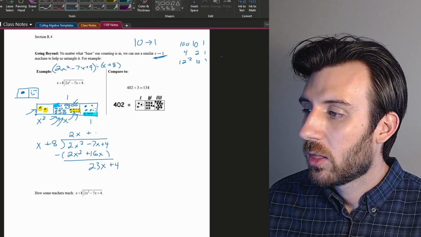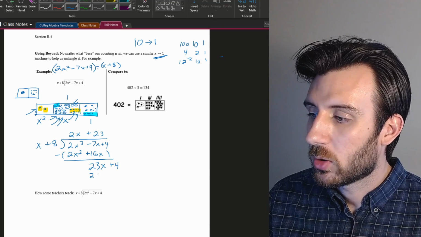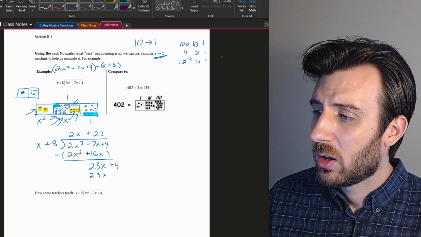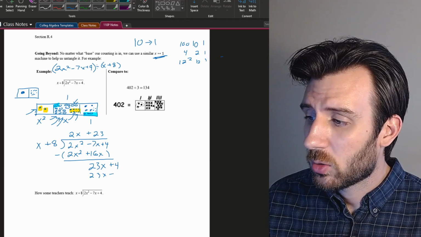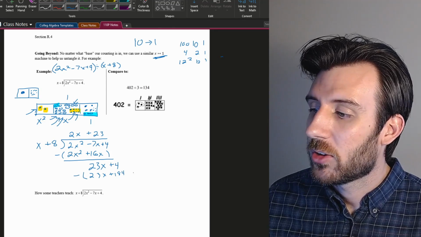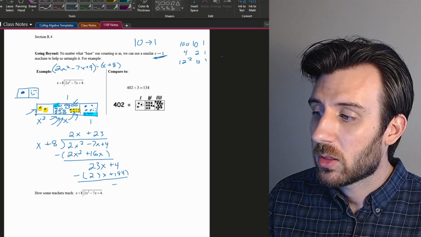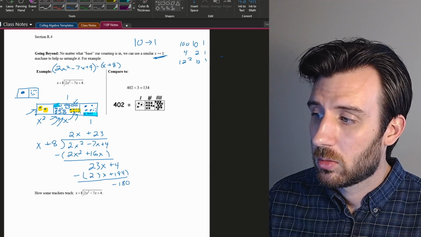So we'd say, okay, how many would that be? That'd be 23 of them. I'd put 23 times x gets me 23x. 23 times 8 gets me, that'd be 160, and then 24, so 184. And trying to balance all of that, I would have a number of anti-dots that would be created, and that would leave me with negative 180.